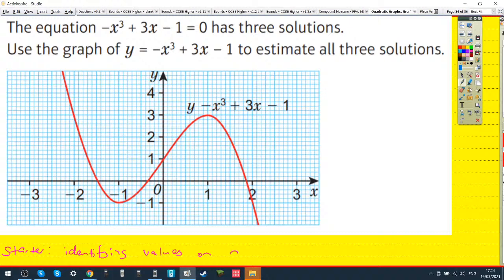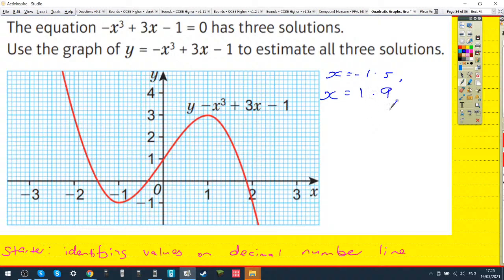So would it be 2 and minus 0.8 and minus 1.5? So minus 1.5 looks alright. It's not 2. 1.8 and then 1.9.